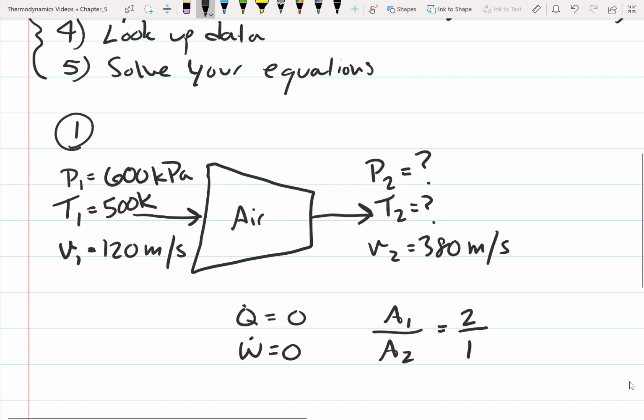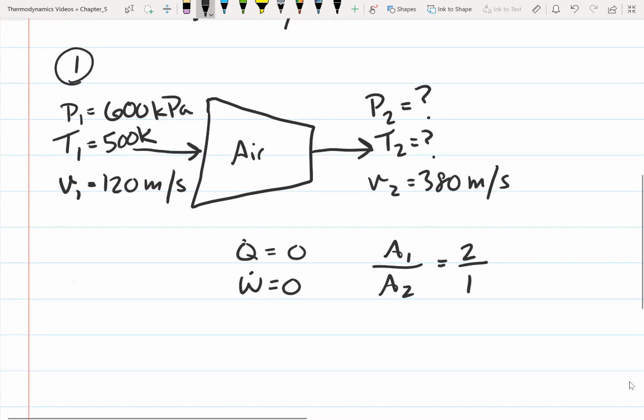Basically it's saying that the area of the inlet is twice as big as the area of the outlet. That makes sense because in a nozzle the area at the entrance is going to be larger than the exit.